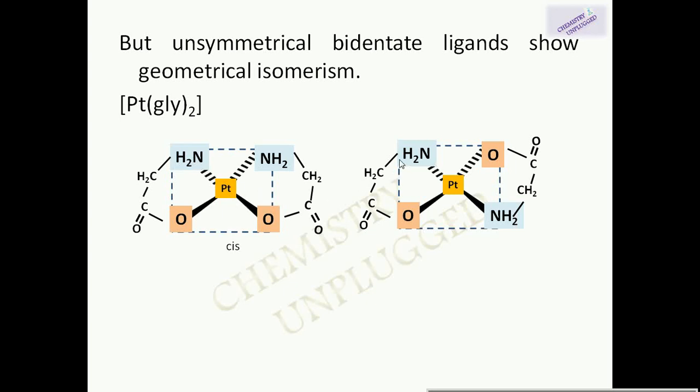Next possible is that the NH2 of one glycinate is trans to the NH2 of another glycinate ligand, or you may say the oxygen atom of one glycinate is trans to the oxygen atom of another. This arrangement is trans. So geometrical isomerism is possible for bidentate ligands when they are unsymmetrical in nature.